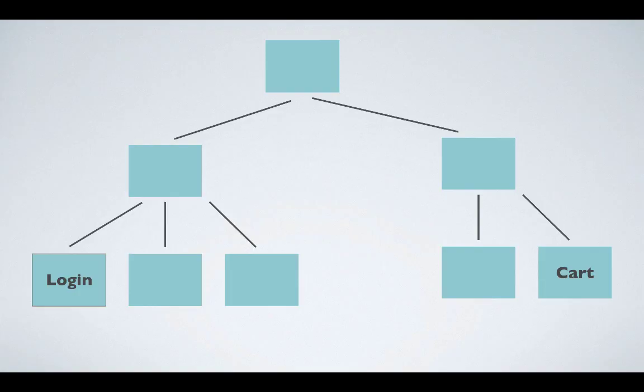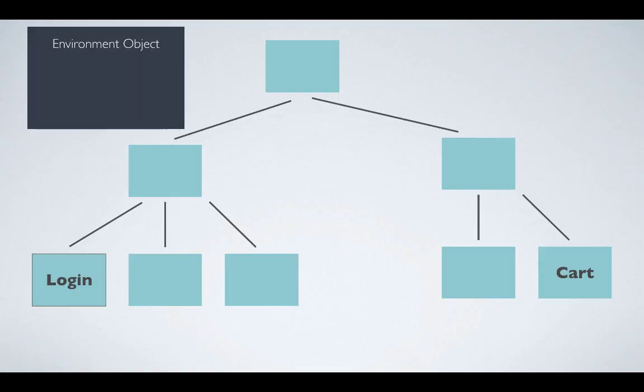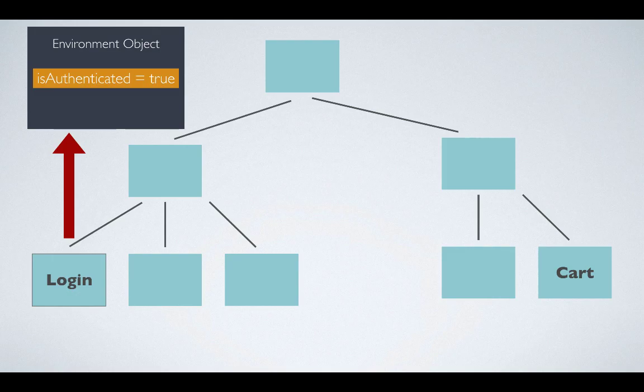What if the login view, on the left-hand side, can write any property to something called an environment object? So that property, isAuthenticated true, or any other property that you want to write, is now part of the environment object. The great thing about this is that we don't have to pass it around up and down.